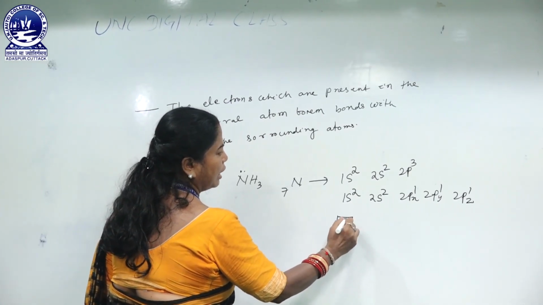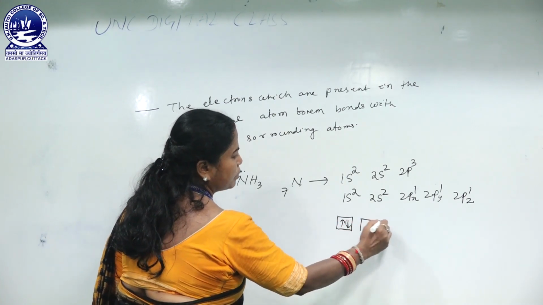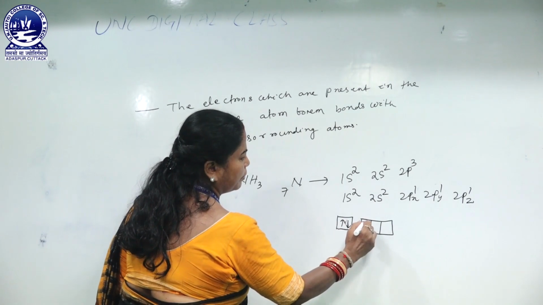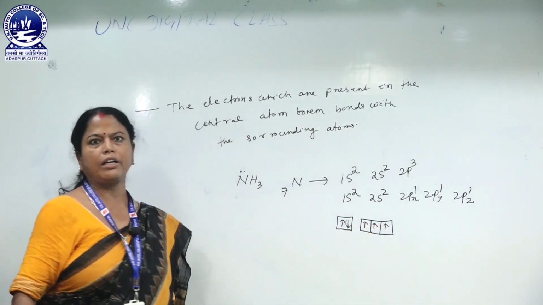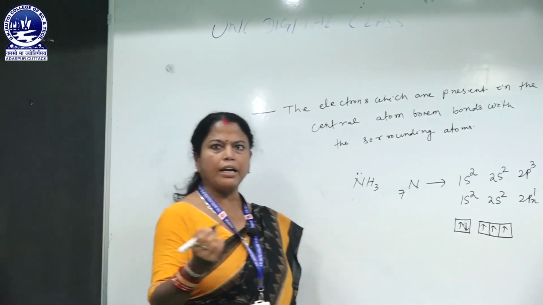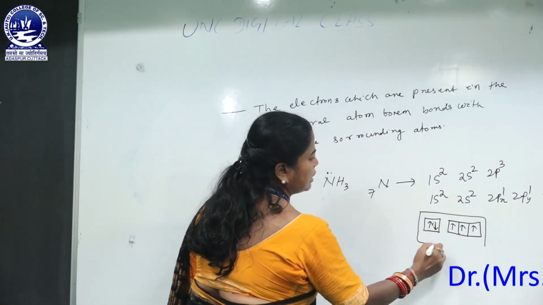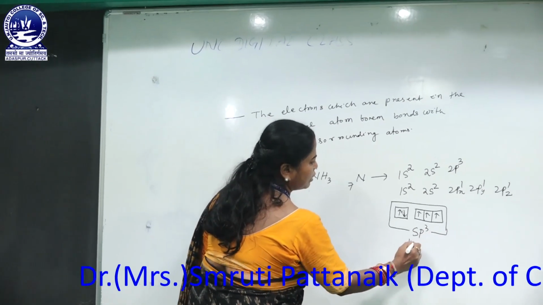So how does the hybridization take place in the nitrogen atom? There are three 2p orbitals, and each orbital contains one electron. So the 2s orbital and 2p orbitals undergo sp3 hybridization.